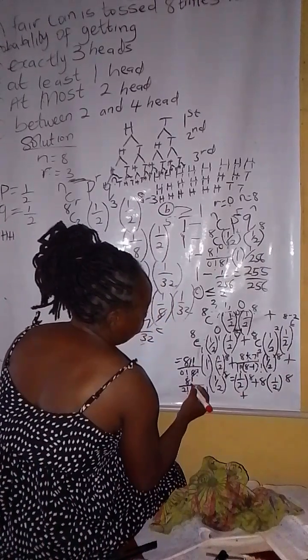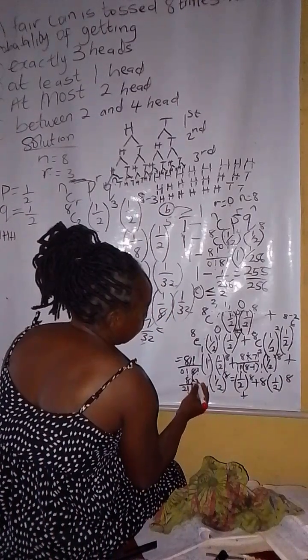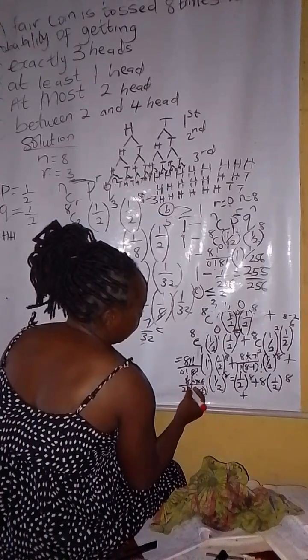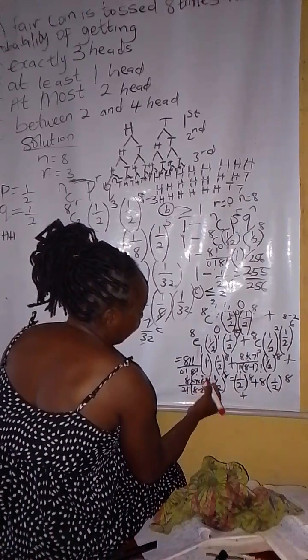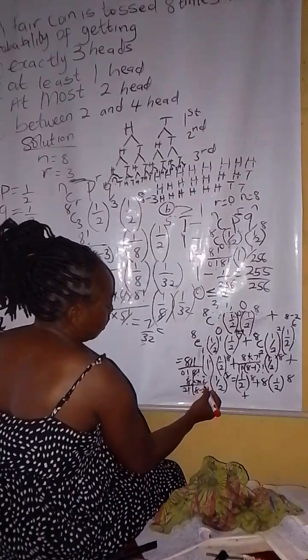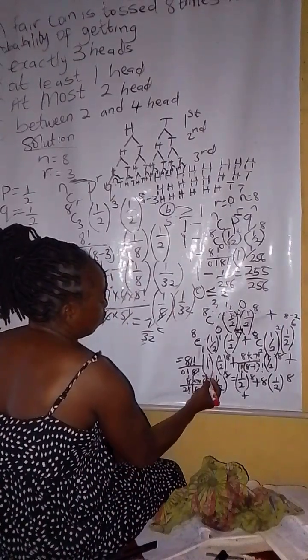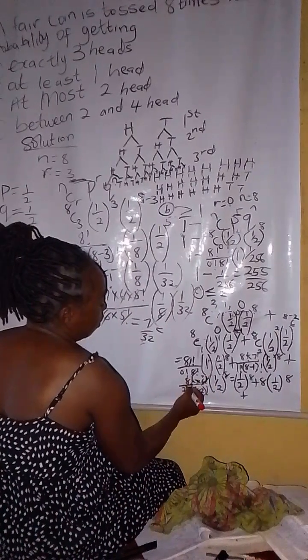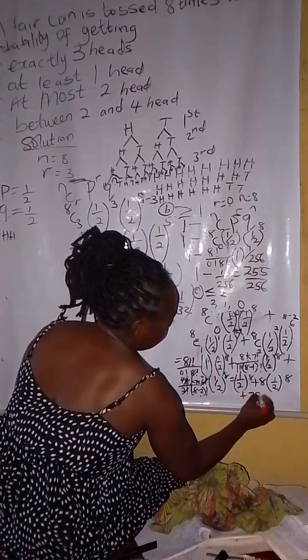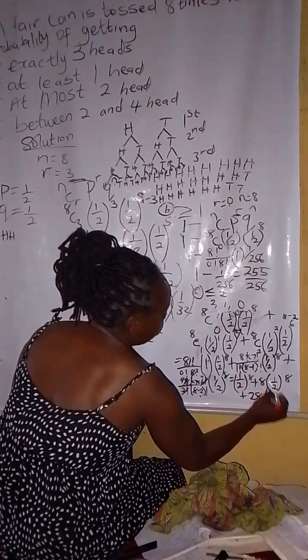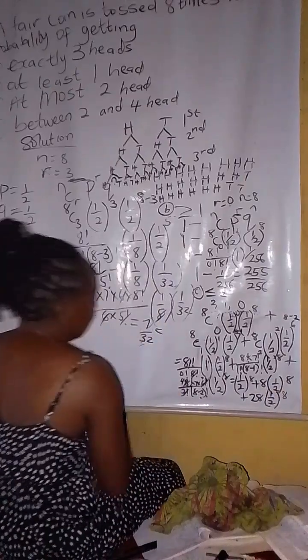Plus this one will give us 8 times 7 times 6 over 3 factorial. Remember, we'll stop at 6 factorial because of this minus 2. So this cancels this, we have this here, we have 4. So this will give us 28, 1 over 2 raised to power 8.